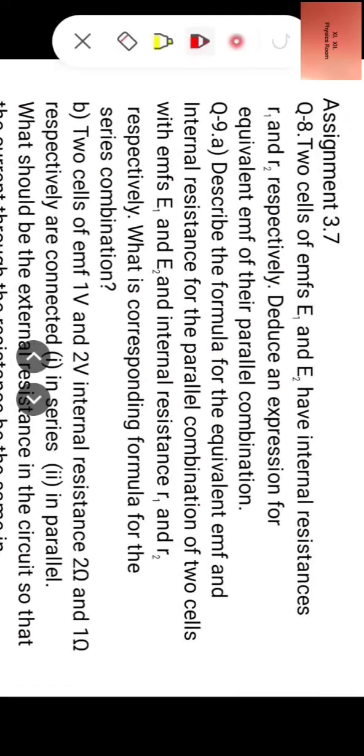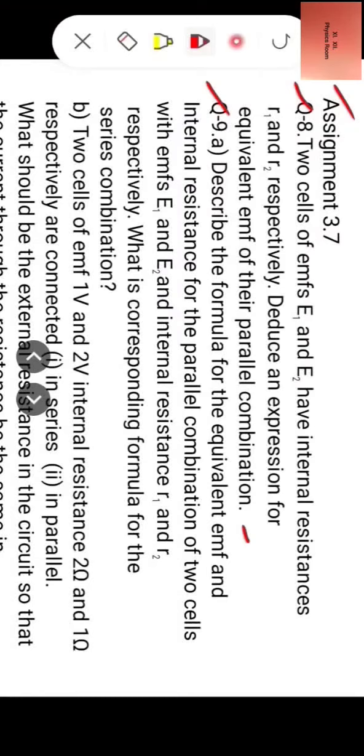Now assignment 3.7 continued. Question number 8. Two cells of EMFs E1 and E2 have internal resistance R1 and R2 respectively. Deduce an expression for the equivalent EMF of their parallel combination. Question number 9. A part. Describe the formula for the equivalent EMF and internal resistance for the parallel combination of two cells with EMFs E1 and E2 and internal resistance R1 and R2 respectively.